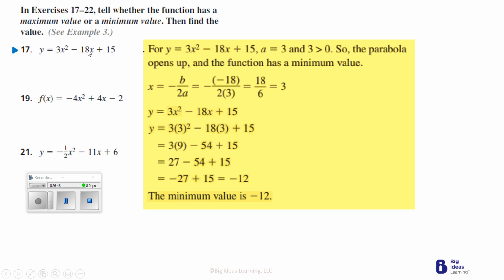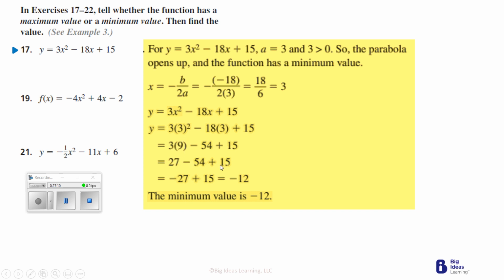We're going to take negative 18, use it for B, 3 for A. 2 times 3 is 6. Negative times a negative is a positive 18. 18 divided by 6 is 3. We plug that in. 3 times 3 is 9. Negative 18 times 3 is negative 54. And the 15 comes down. 3 times 9 is 27.